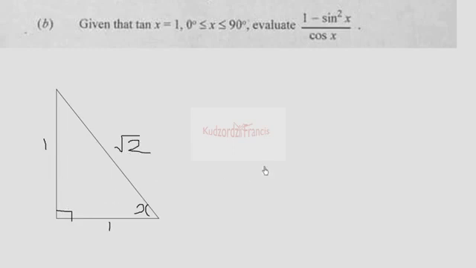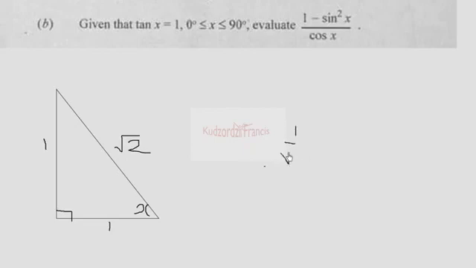So, from here, sine x will be 1 over root 2, and cos x will be 1 over root 2. Or you can simply know that this is equal to cos x, and cos x is adjacent over hypotenuse, which is 1 over root 2.